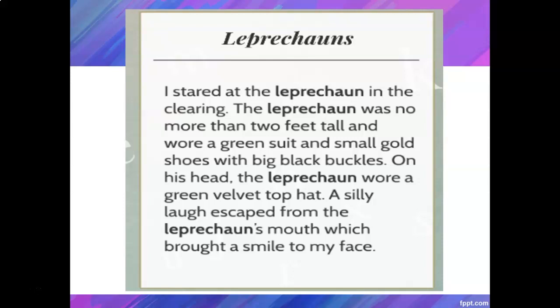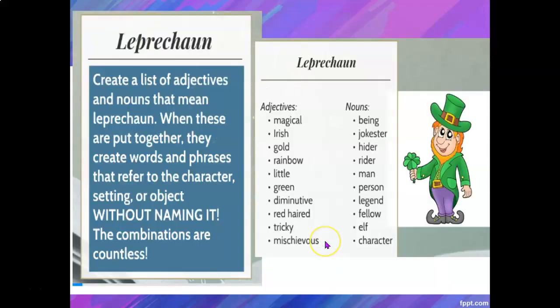Oh my gosh, that is so repetitive. Like, leprechaun doesn't sound like a word anymore. What we can do is we can go ahead and create word referents. So to create a word referent for leprechaun, we're going to make a list of adjectives.